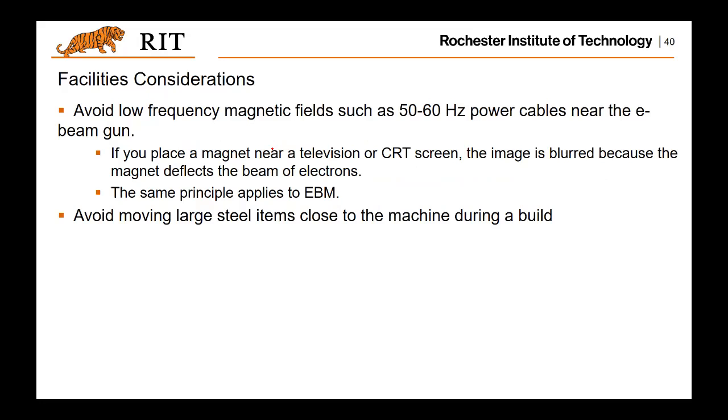So you don't want to have other magnetic fields around that could affect the magnetic field in the machine. A low frequency magnetic field, such as a 50 to 60 hertz power cable, is prohibited to be placed near the EBM gun.